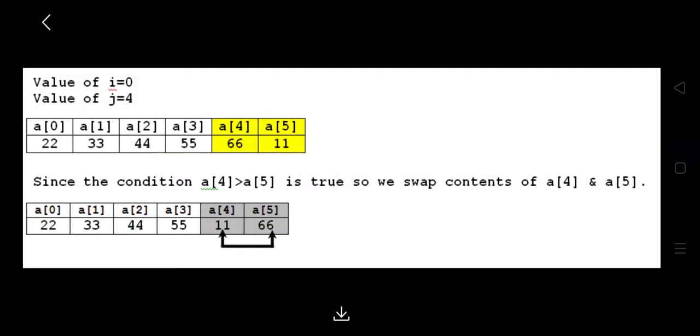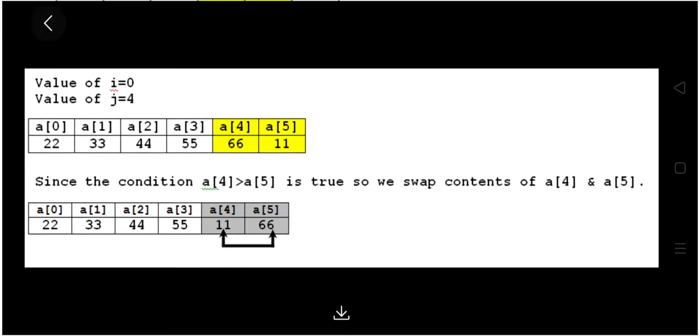Again, for j equal to 4, the program checks whether A4 is greater than A5, which is shown in the yellow highlighted section of the screen. Since A4 is greater than A5, their values will be swapped, and in the end 11 will come before 66. So initially you can see that the largest element has been placed at its proper position.